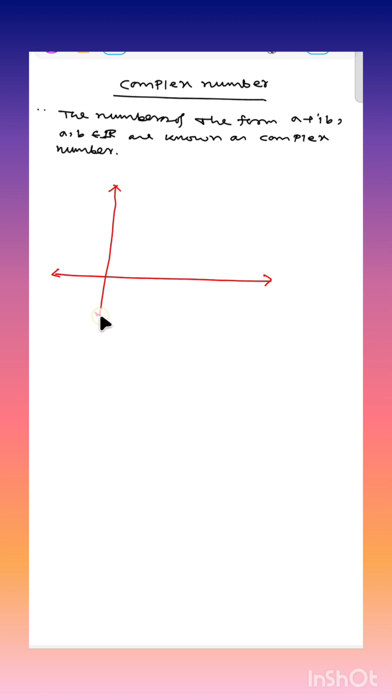One is the real number axis, this is the imaginary axis.